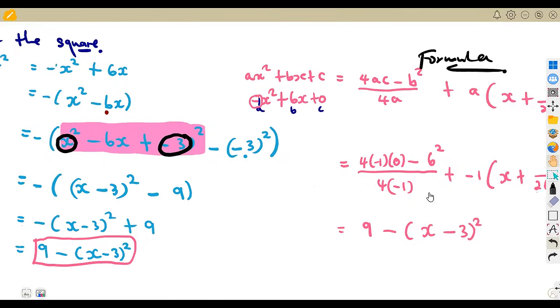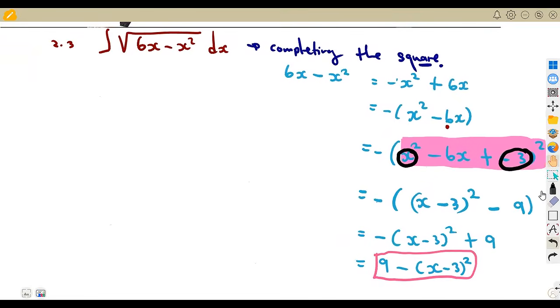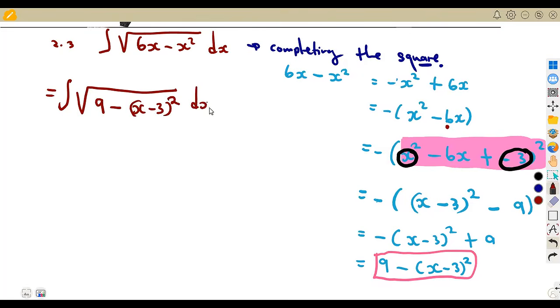So after you've determined this, you are supposed to come back now and determine the integral that you're given. We are asked to integrate the square root of 6x minus x squared. So we are going to have this as the integral of the square root of what we obtained at that stage, which is 9 minus x minus 3 squared, with respect to x.